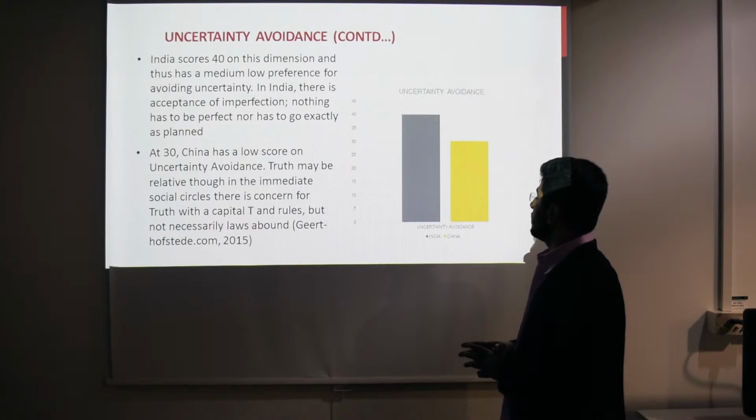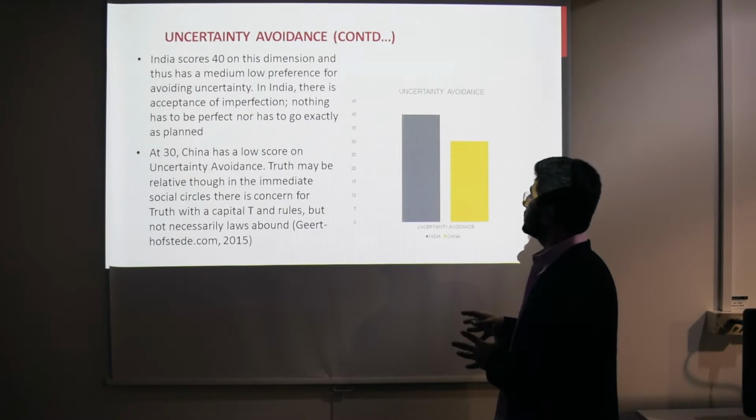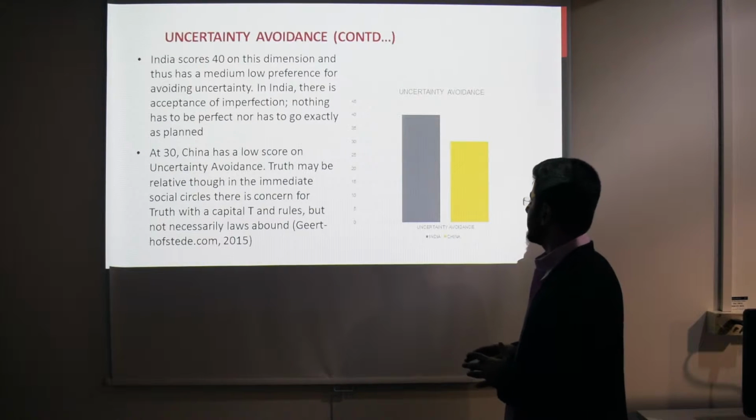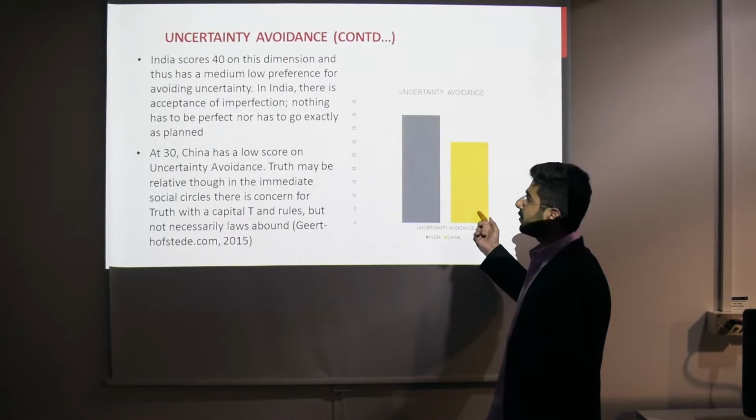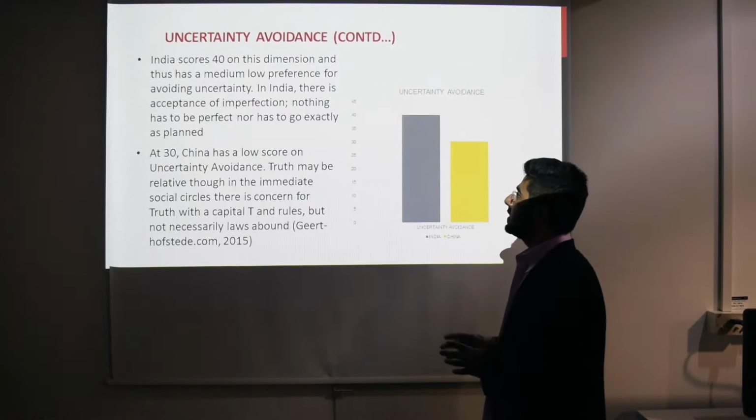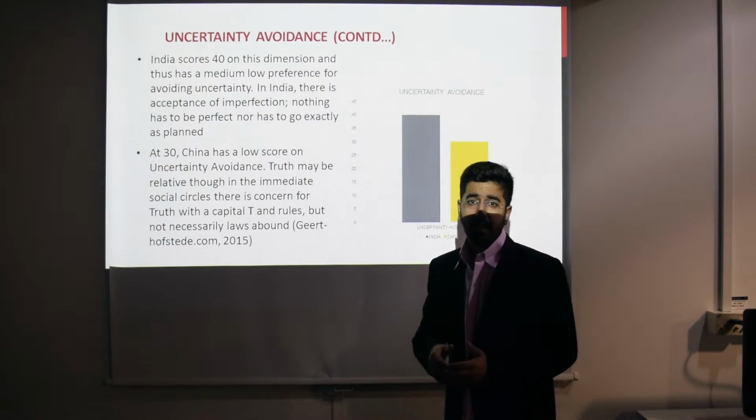Now here we come across various stats which show the uncertainty avoidance in India and China. This stat is for India and this one is for China. In India, uncertainty avoidance is quite high.